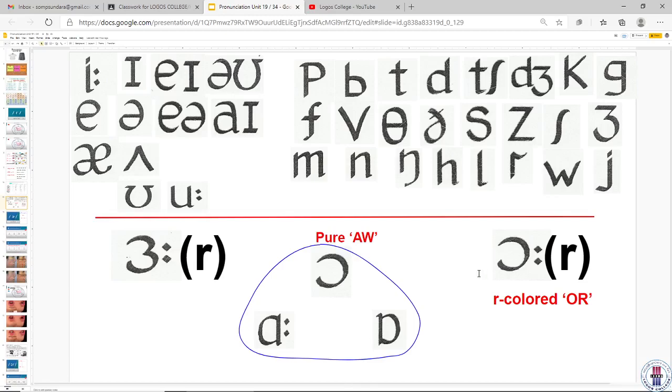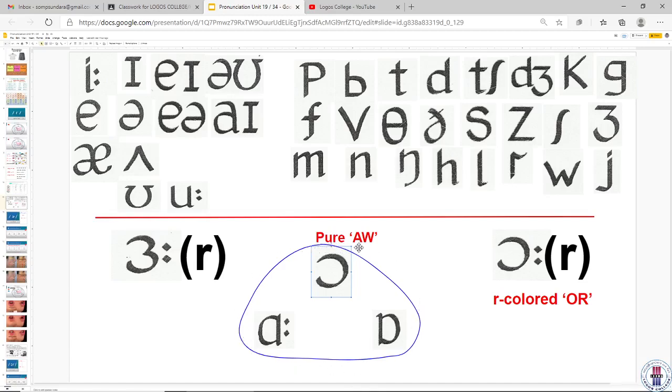So look at the middle right here. This sound is the aw sound. If we add the r sound behind it, you get the sound or. So with the r sound, this is an R-colored sound, and it sounds like or. Without the r by itself, they say this is the pure aw.